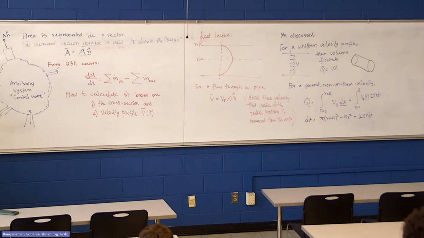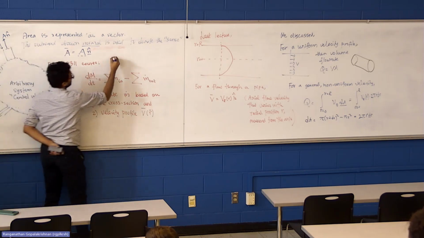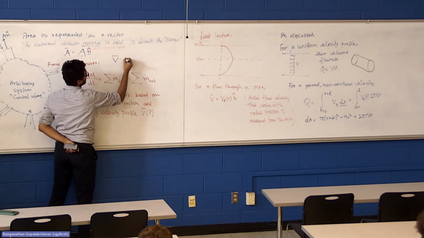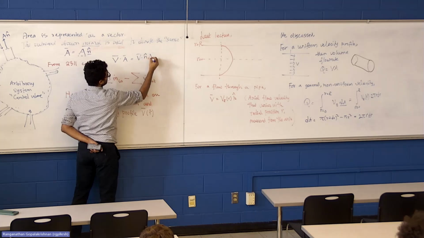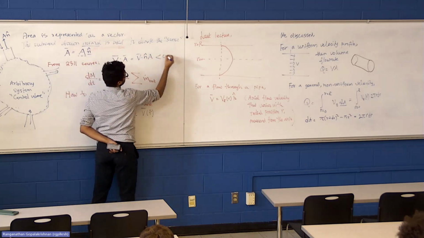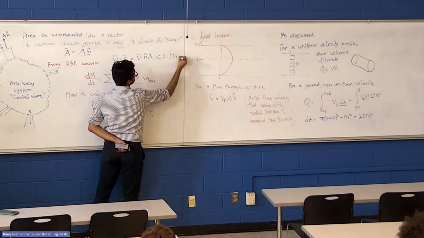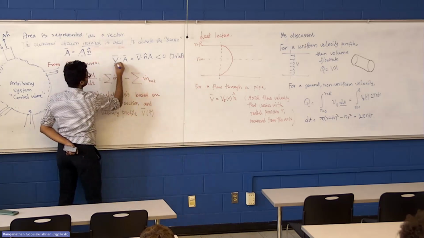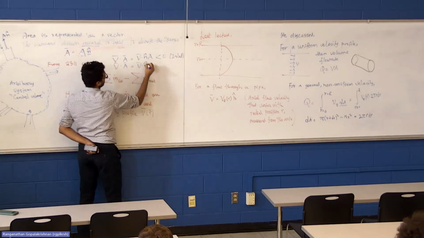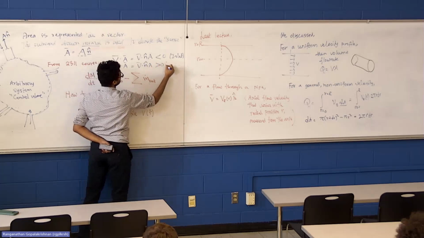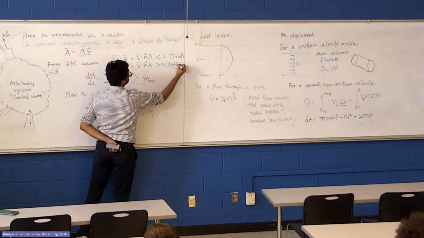We draw it this way such that if you have a flow velocity in this sense, V dot A, which is V dot n cap times A, is negative if this is an inlet, and V dot A is positive for an outlet.